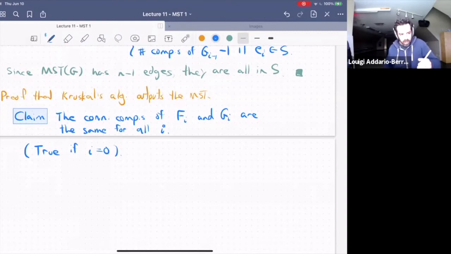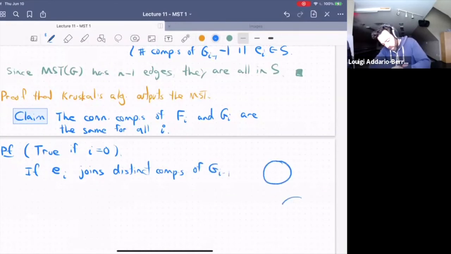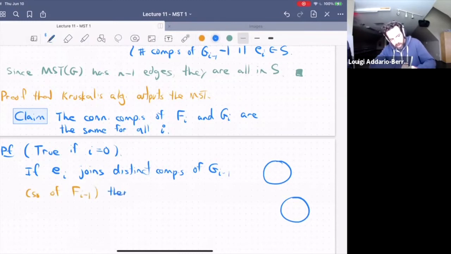Okay, and then inductively, if e_i is joining distinct components of G_{i-1}, so here are the components, then by induction it's also joining distinct components of F_{i-1}. Then it's added by Kruskal's algorithm.